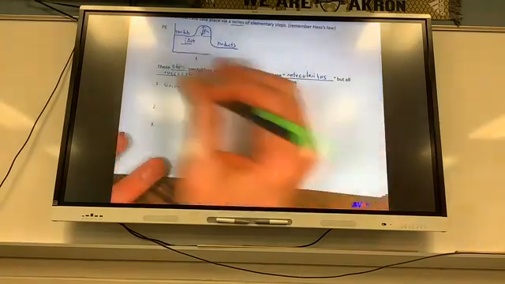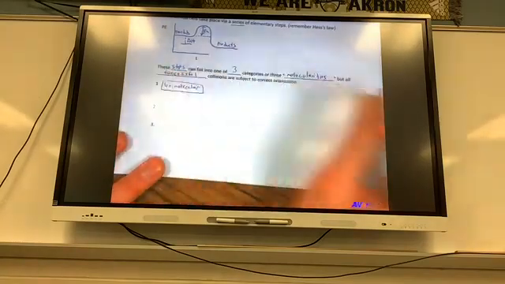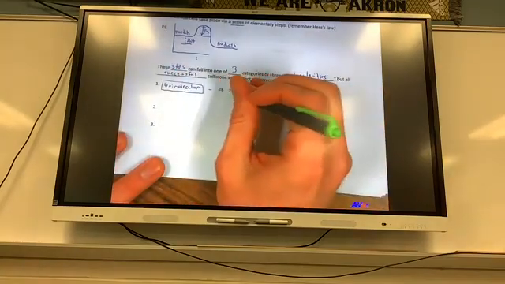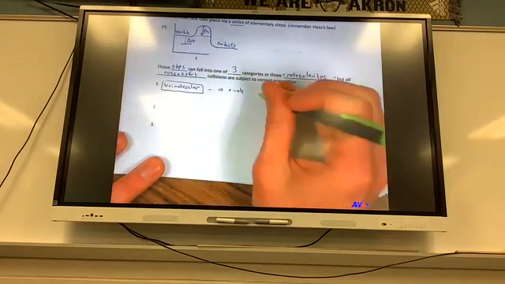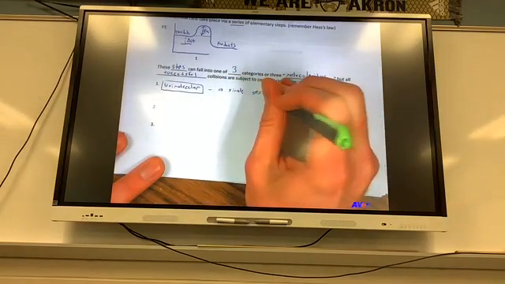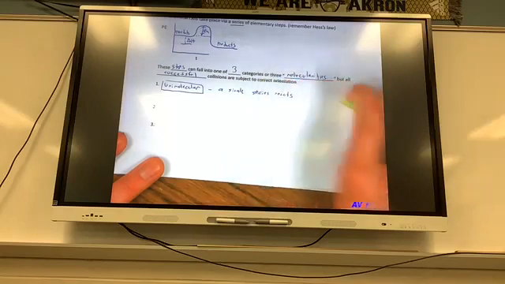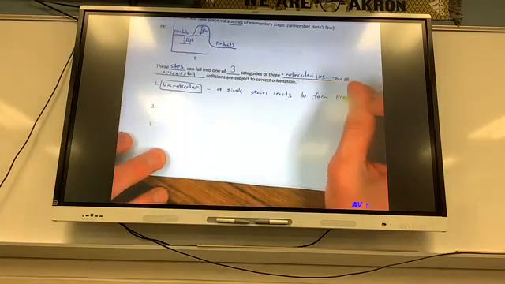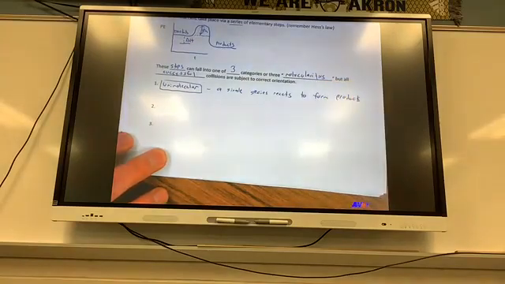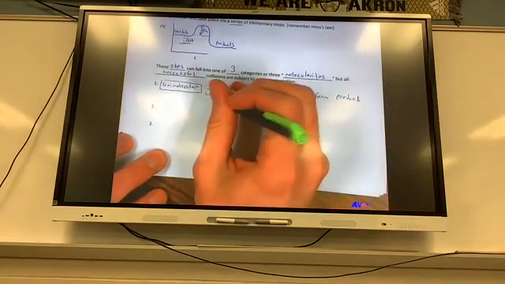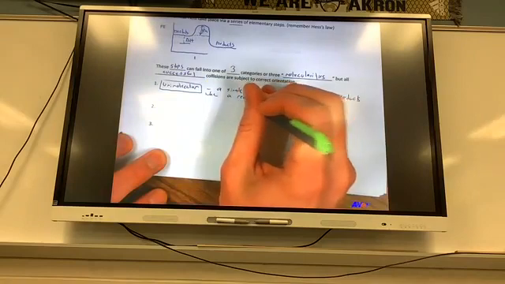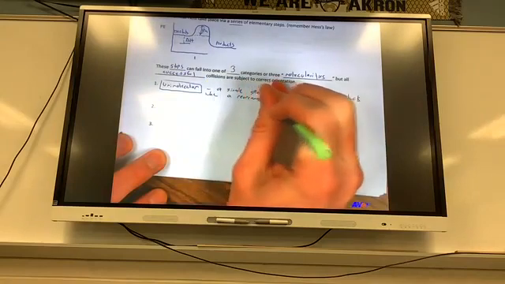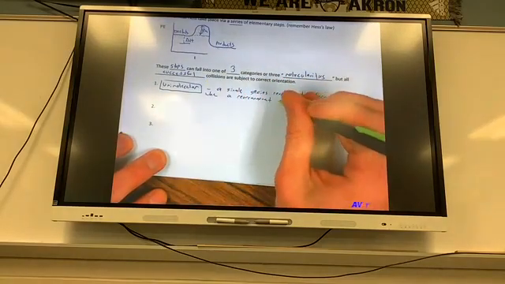Unimolecular is when a single species reacts to form products when a rearrangement occurs. And we know that a rearrangement is also the same name for a chemical reaction.